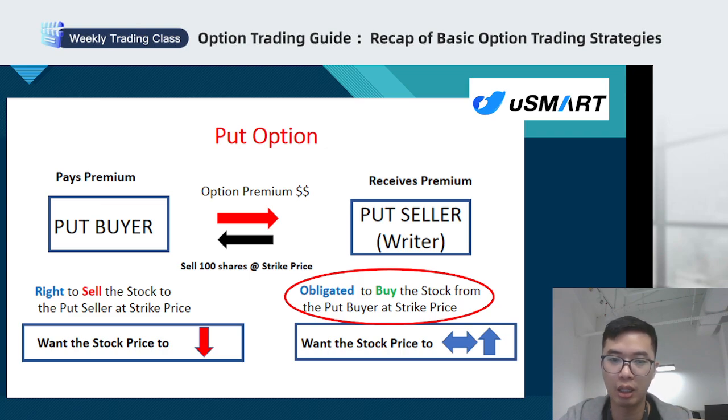The put seller is obligated to buy the stocks from the put buyer at the strike price. What it means to buy the stock is that you are putting a buy limit. You are waiting for the stock to hit a certain price and then you need to buy the stock. So how can we benefit from becoming a put seller?